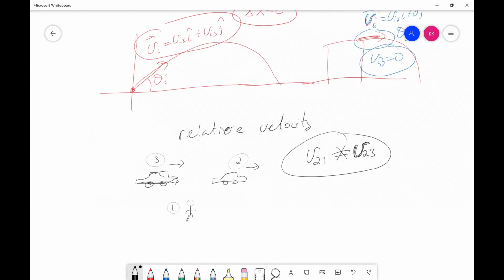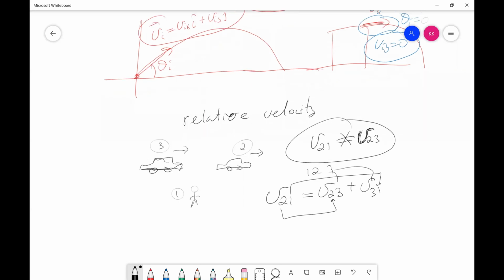Remember, what we do here is we have a notation, right? Where you can say, all right, so velocity of 2 relative to 1. So we have this 1, 2, and 3. So the notation goes velocity of 2 relative to 1 equals, then velocity of, we move it here, 2 relative to 3, then plus velocity of 3 relative to 1. That was the notation.